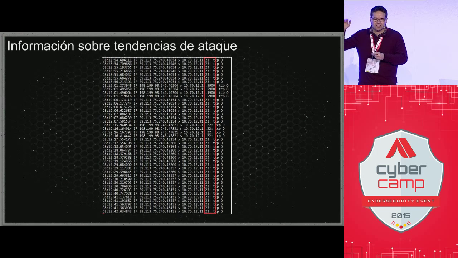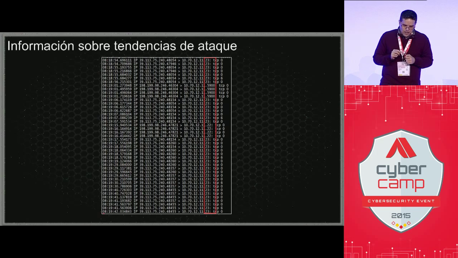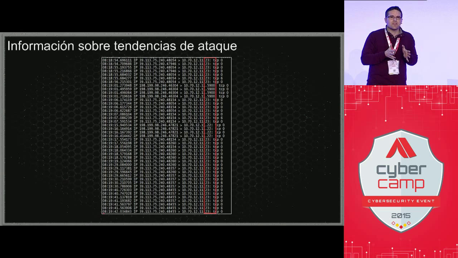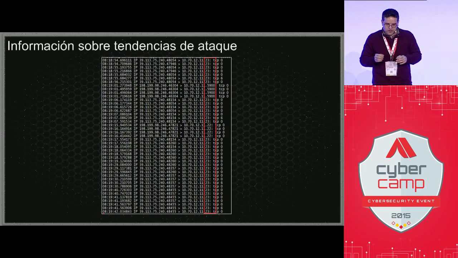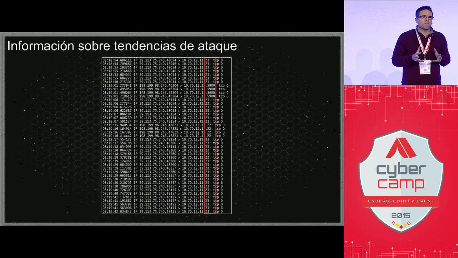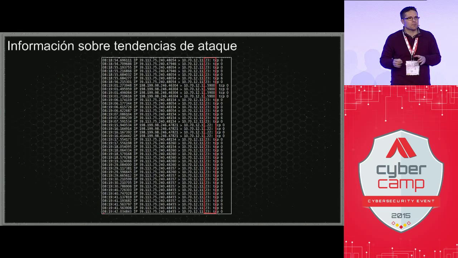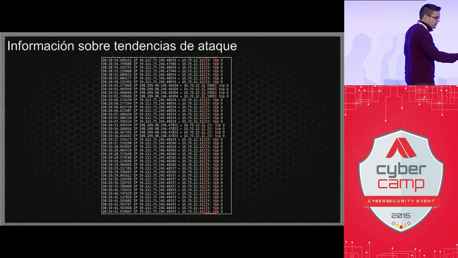I could also do it with other ports, but I decided to use the TCP ports, and this is what I get. There are a number of IP addresses on several ports: port 23, 1900, port 22. As I say, this helped us decide on the sensors that we want to install.